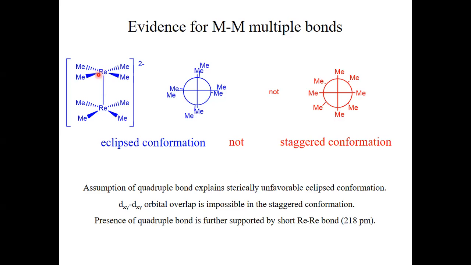That means each of them must have 3 positive charges, so the rhenium must be in the oxidation state +3. When we look in the periodic table, rhenium is in group 7, so it is a d7. If we remove 3 electrons, 7 minus 3 again gives 4, which is again an argument that there's really a rhenium-rhenium quadruple bond.